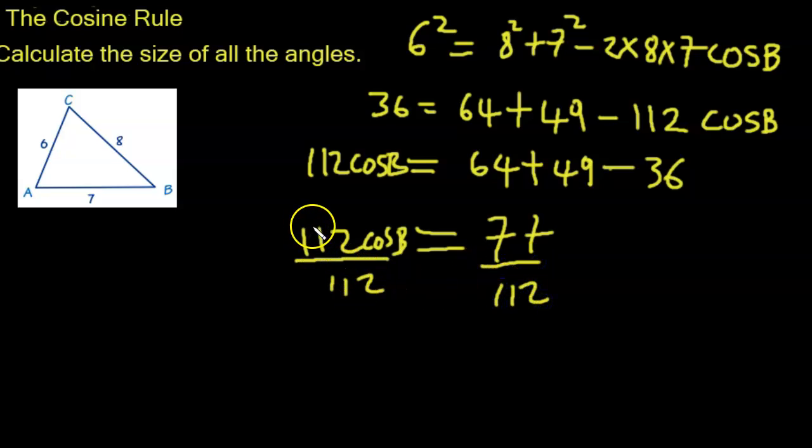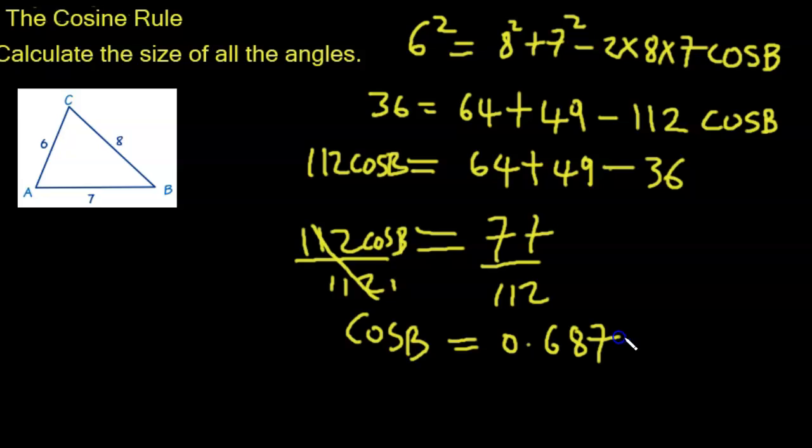So 112 into itself is 1. So we're left with cos B equal to 77 divided by 112, which is 0.6875, and then we can use our second function to get the angle value of B.